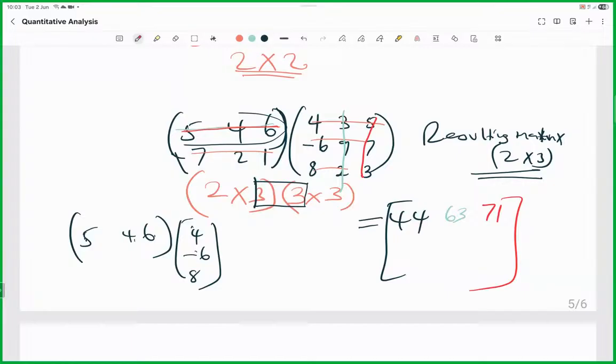What you just need is keenness and remember, row by column: first one multiplied plus second one multiplied plus third one multiplied. A student says, Mr. Mwalimu, the second one is supposed to be 55.